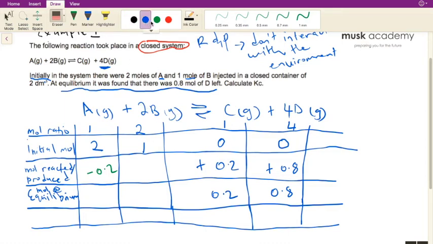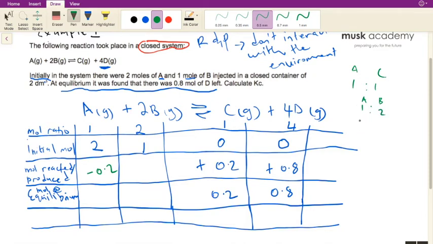So, using the same thing, you could say 1 mole of A reacts to form 1 mole of C, right? So that's the ratio. Or you could say 1 mole of A will react, according to the ratio, with 2 moles of B, right?